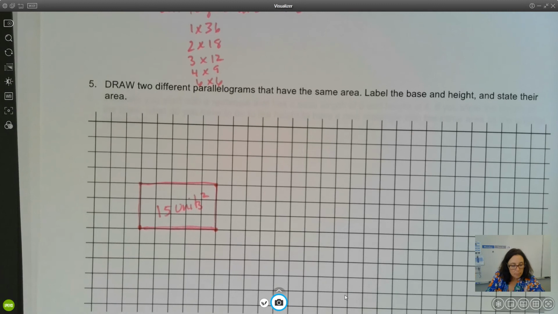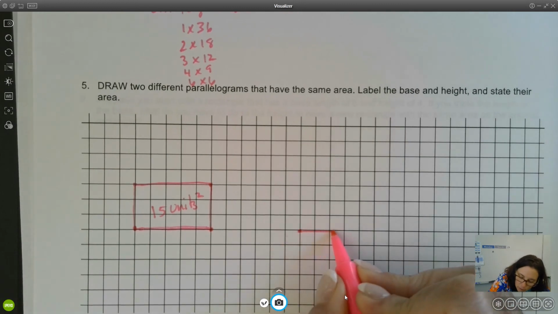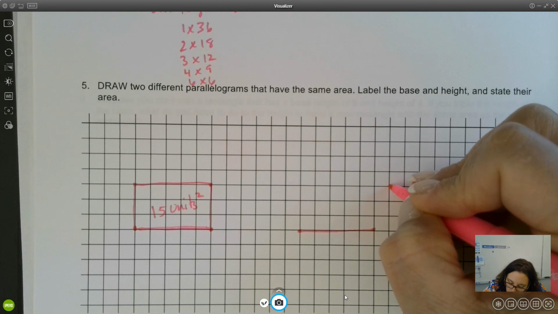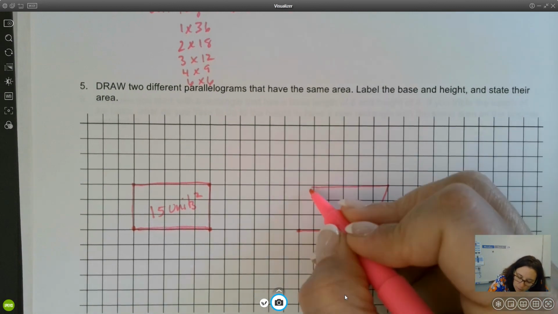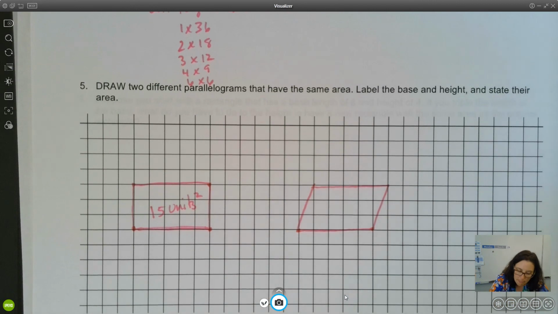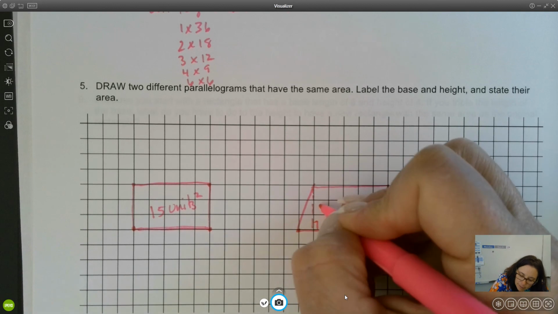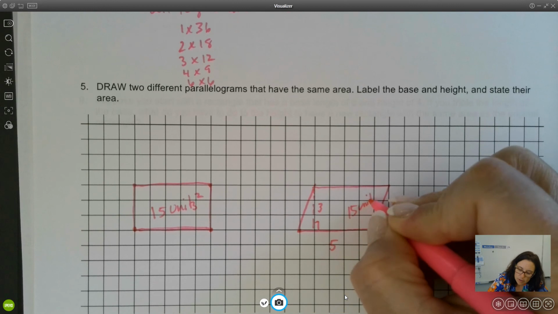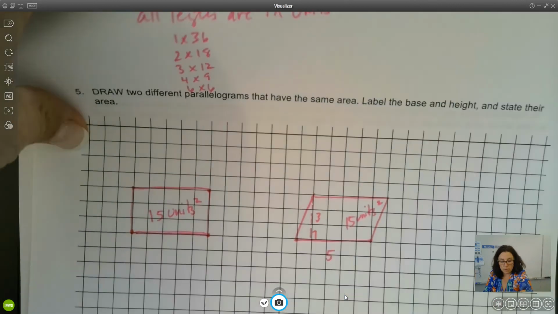Now another parallelogram, couldn't I do 5 by 3? This is 15 units squared also. Okay, one version.